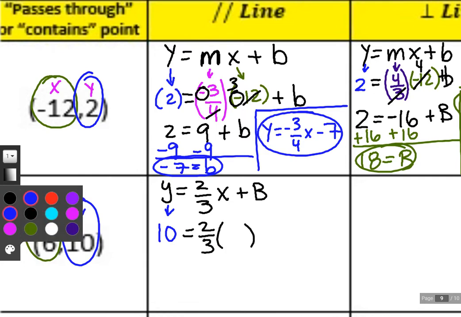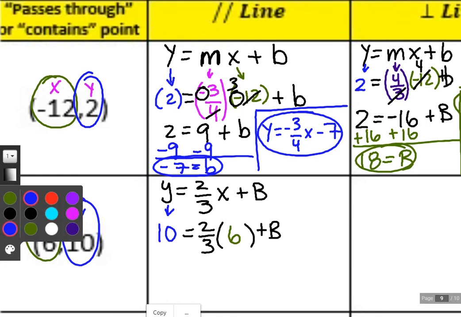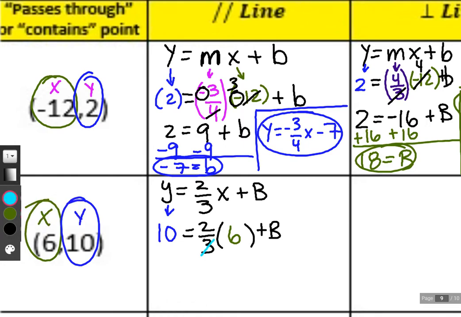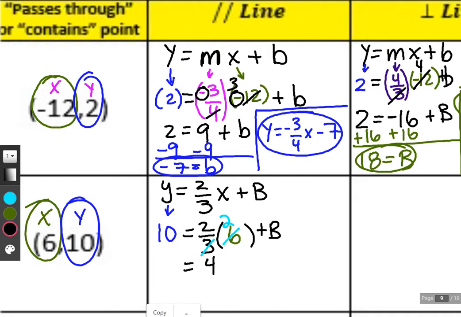And the b value is the thing we're trying to calculate. Okay. Again, this is just my methodology, but 3 goes into 6 twice. And so I know that I have 2 times 2 on top. That's going to be a 4. And so when I subtract those 4s off, the b value I'm left with is going to be 6.